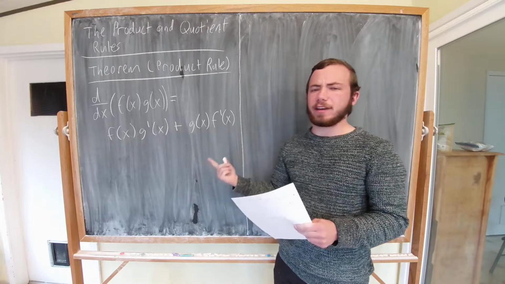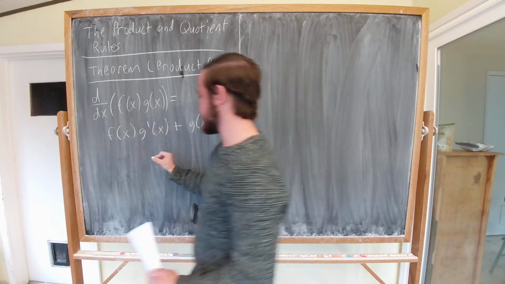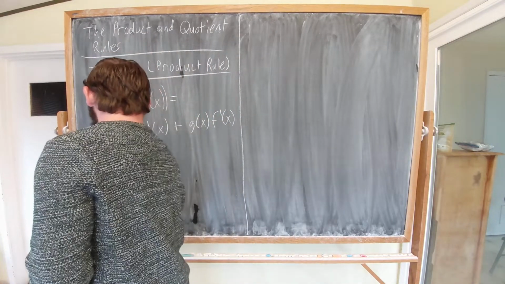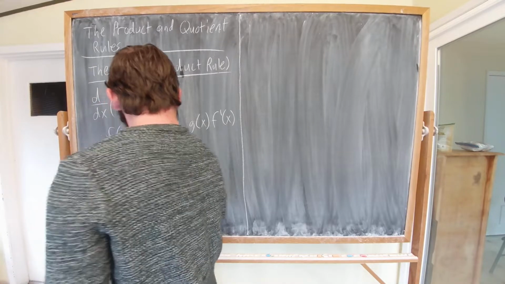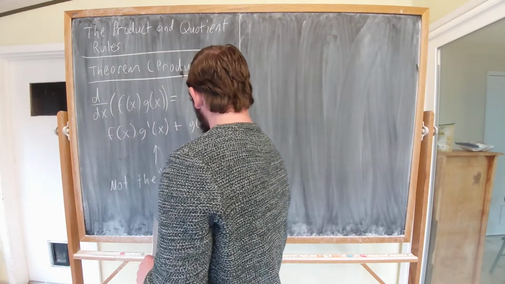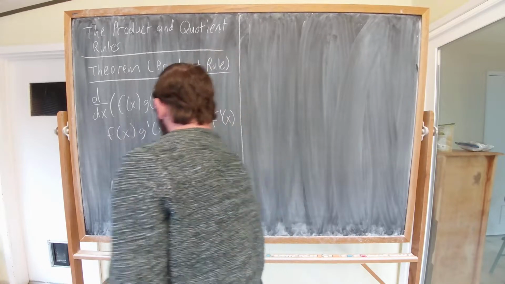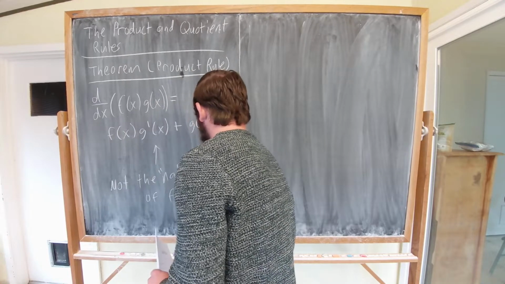And I know you're thinking, this isn't necessarily the most natural choice, which would have been f'(x) times g'(x).